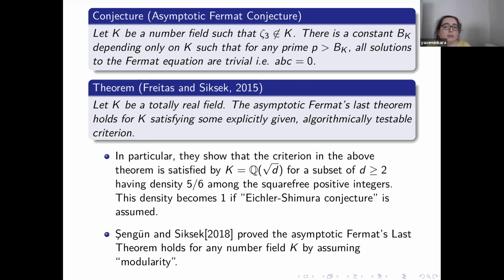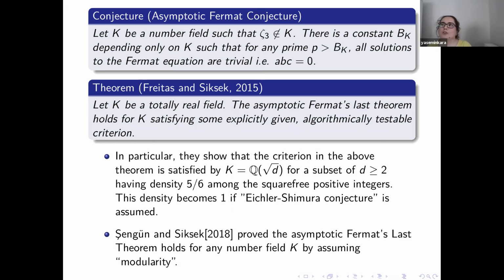Okay, and one of the first satisfactory answers to the asymptotic Fermat conjecture was given by Freitas and Siksek in 2015. If you take a totally real field, they showed that the asymptotic Fermat conjecture holds for K satisfying some explicitly given, algorithmically testable criterion. And you can guess that this criterion is given in terms of solutions of S-unit equations.